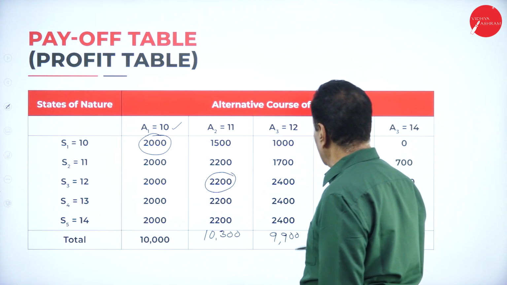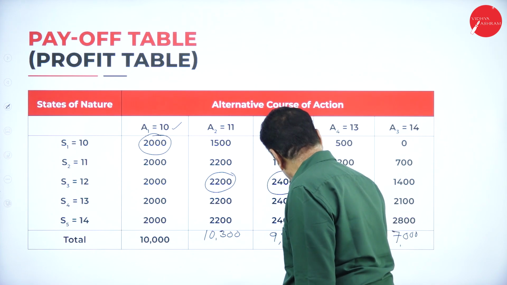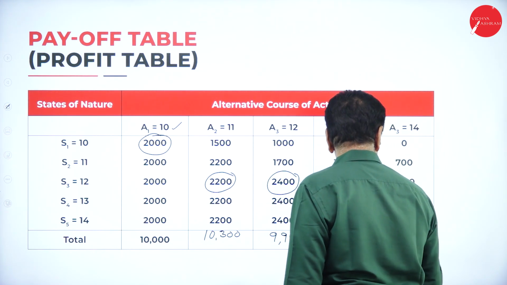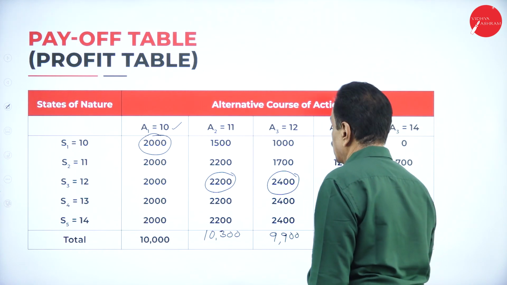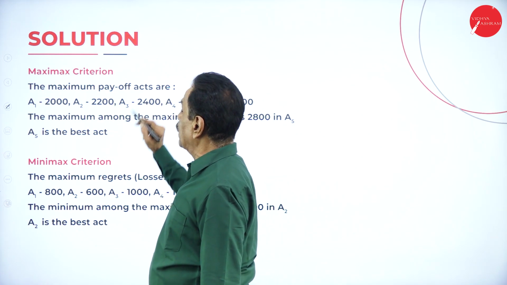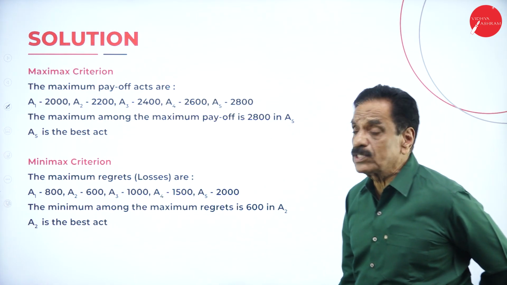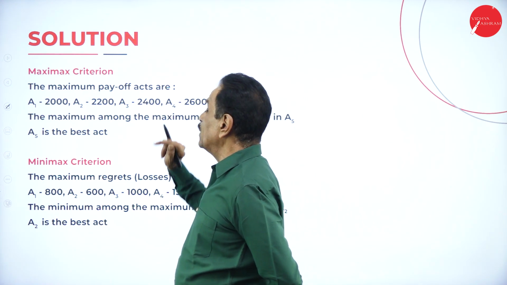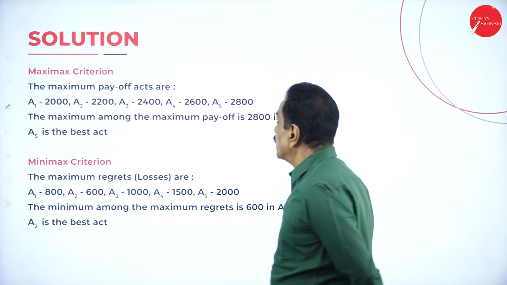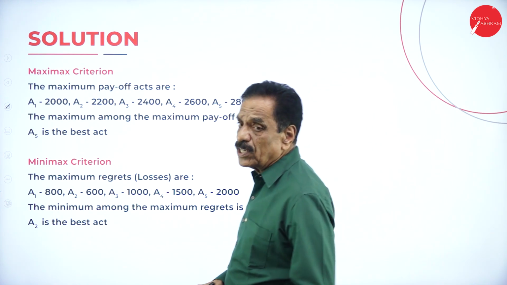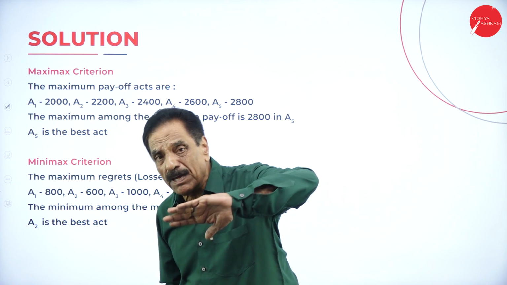Which is the maximum here? 2400. Which is the maximum here? 2600. It is 2800. This is the maximum you got. You have to write like this. The maximum payoff for A1 is 2000, A2 is 2200, A3 is 2400, A4 is 2600, A5 is 2800. This is the maximum payoff.